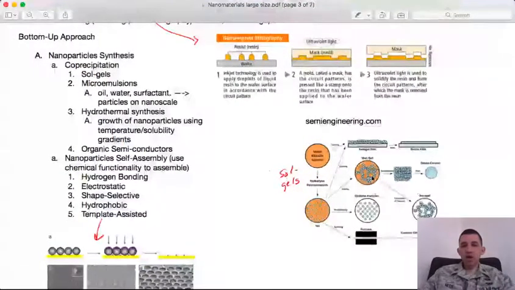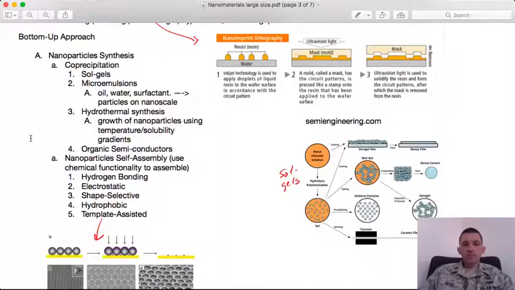Not as well patterned as some other techniques. And these co-precipitations are what I would think of as being loosely nanofabricated, and you get less repeatable results, but the features are on the nanoscale.